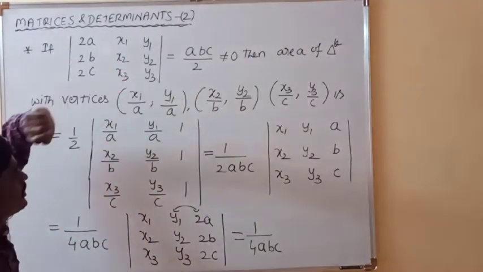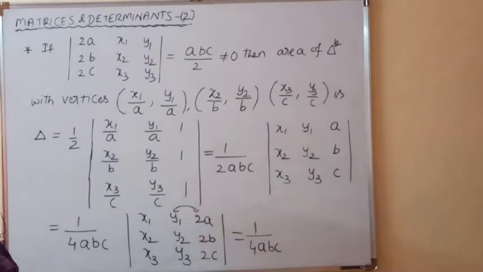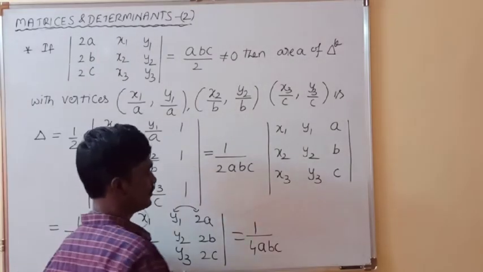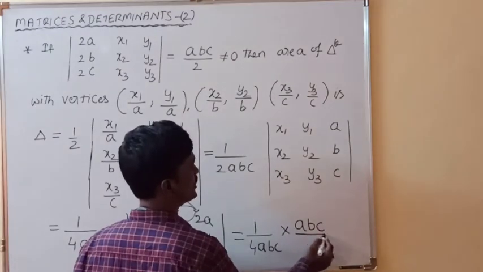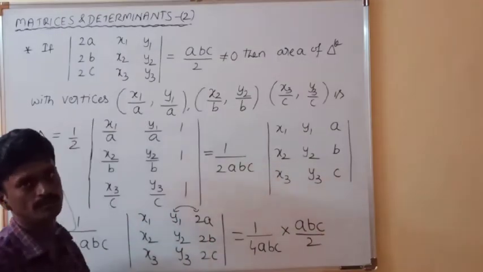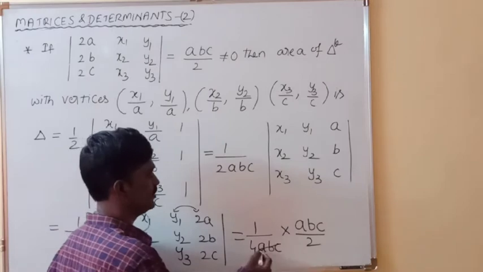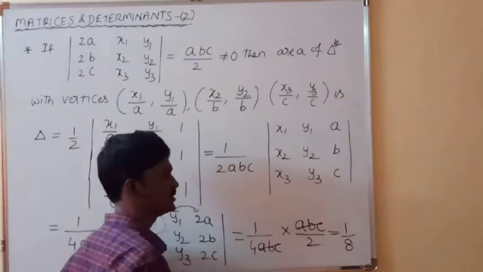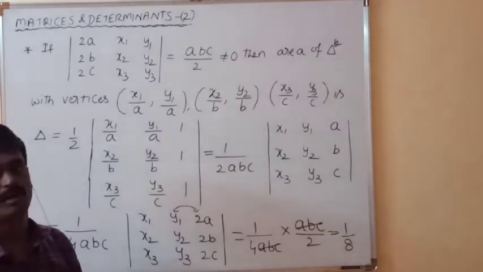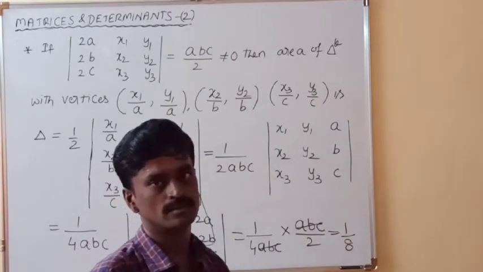What is the value of the given determinant? abc by 2. Now here abc gets cancelled. What you are getting? 1 upon 4 into 2, how much? 8. So the answer is 1 by 8 square units.